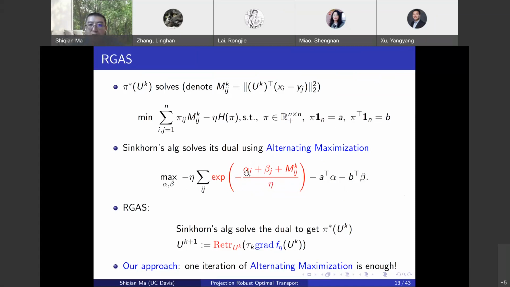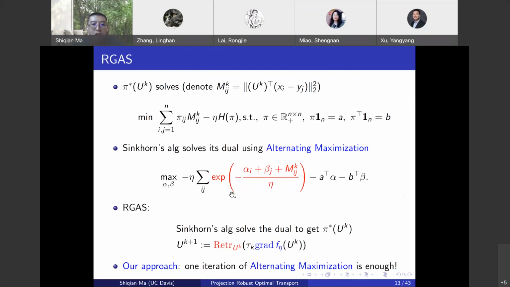Okay. So for example, I fix alpha, I maximize this function for beta, right? And then I fix beta, I maximize this function for alpha. The advantage of this synchronous algorithm is that this function is easy to maximize when you only maximize it for one variable with the other variable fixed. Actually, each of the subproblems admits easily computable closed form solutions.